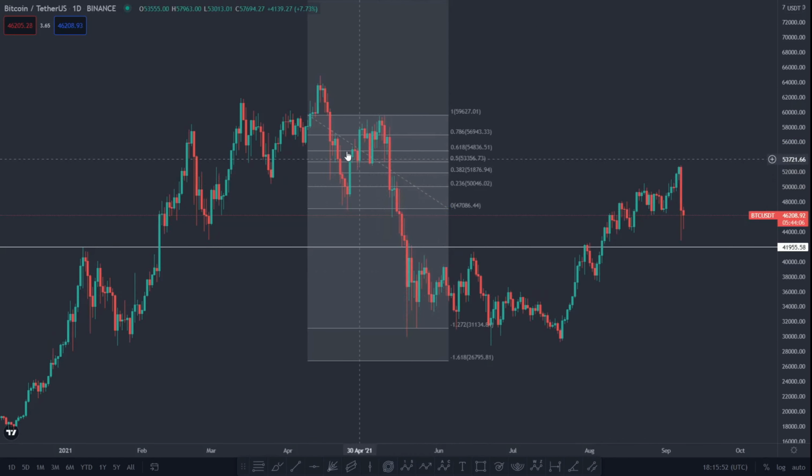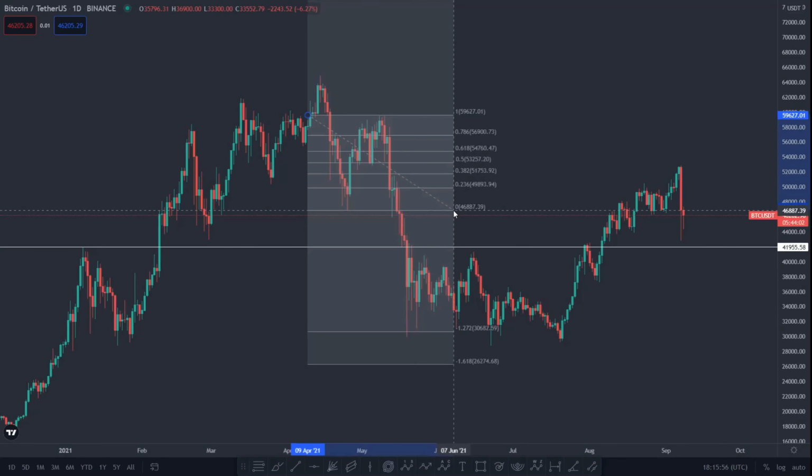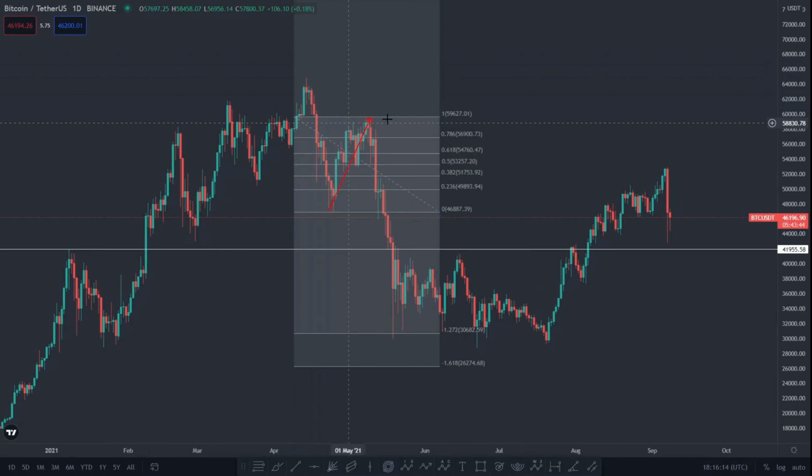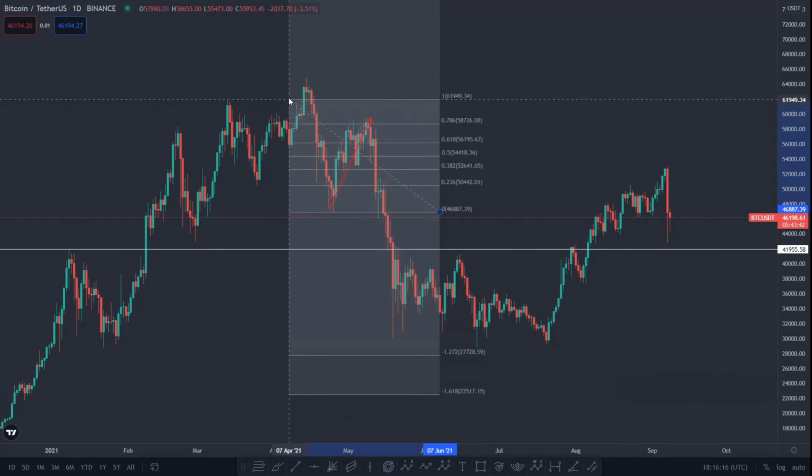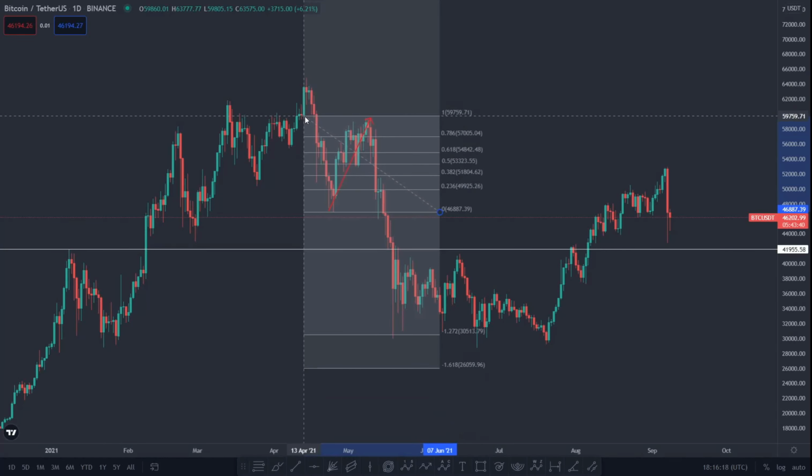So, as you can see, drawing a fib based on this move, adding some minus levels, we see that the fib retracement actually tells us approximately where the price will bounce from. All right. So this is a very handy tool to use.